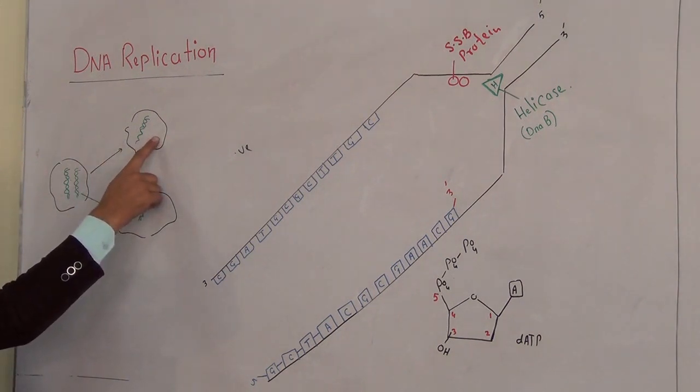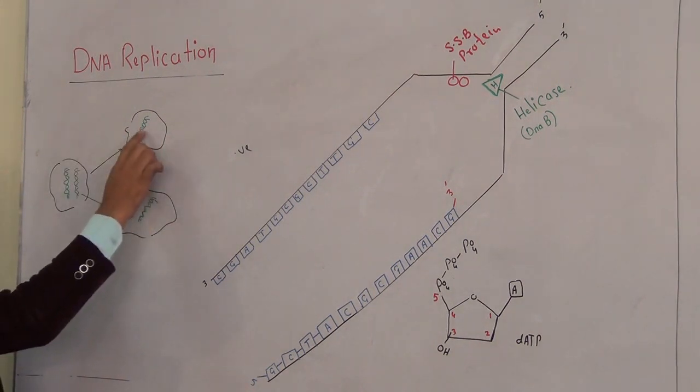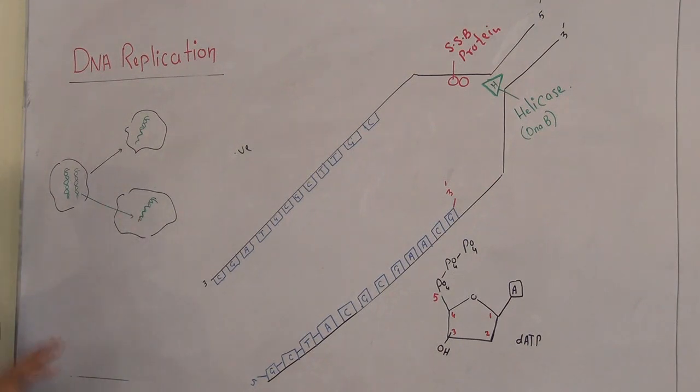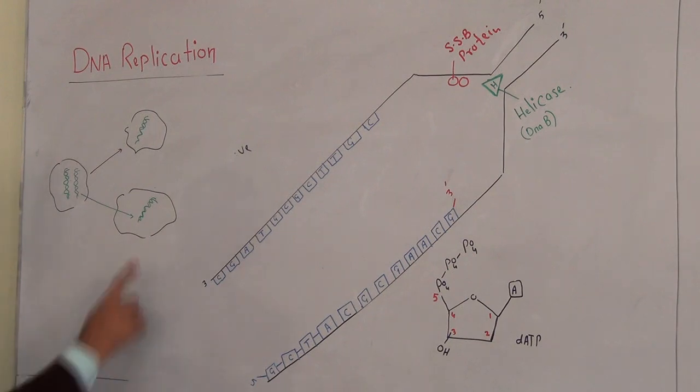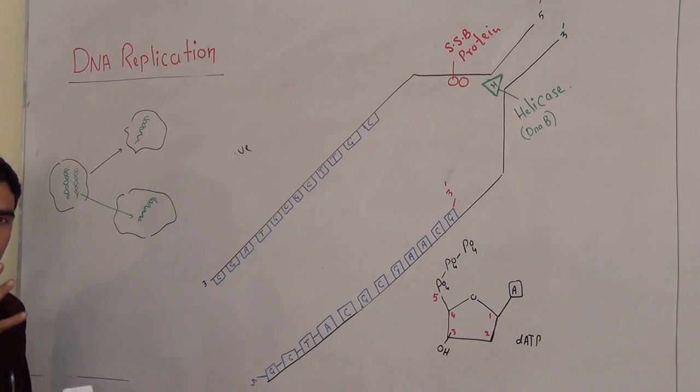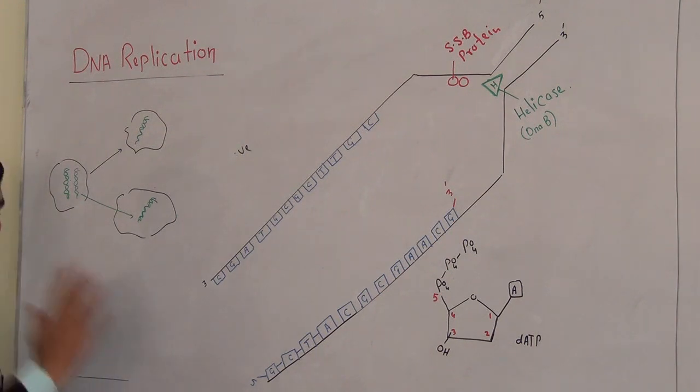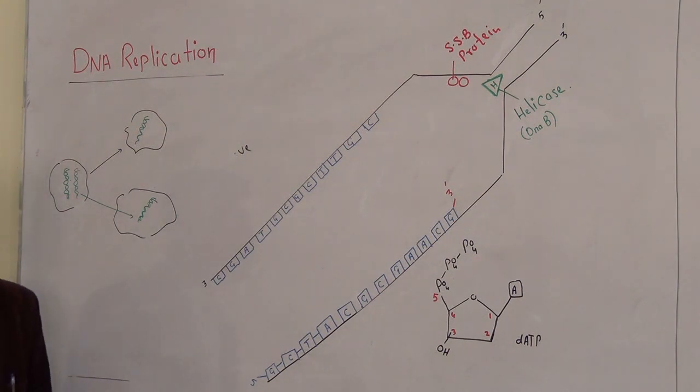Every cell is totally dependent on the DNA. In other words, the information of the whole body is present in this DNA molecule. That is why this is a very, very special molecule. It must be transferred to each and every cell.